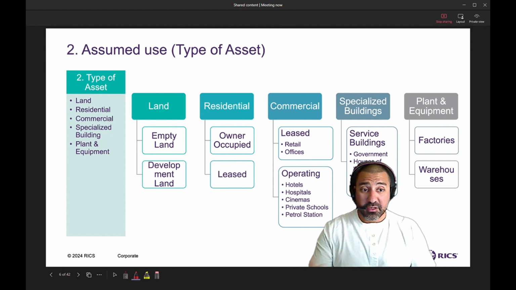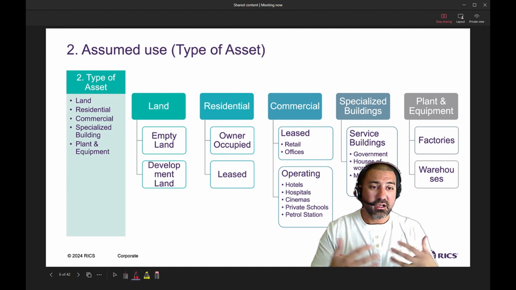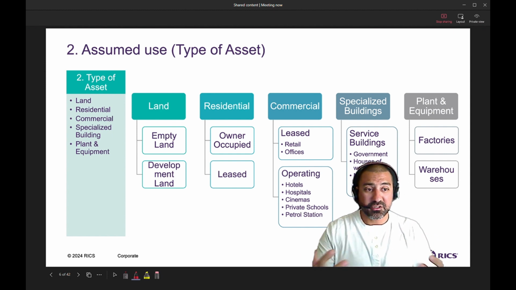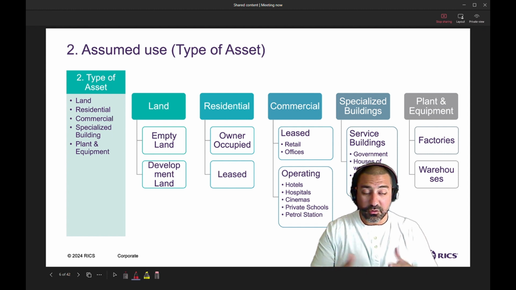If it's a specialized building that's built for purpose, like a government building, a house of worship, a ministry, even a factory with a production line that's unique, built for a purpose, then you're possibly not able to look at something apples to apples. It doesn't have a market, doesn't have an income stream.